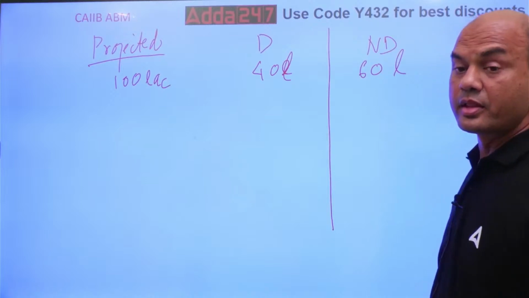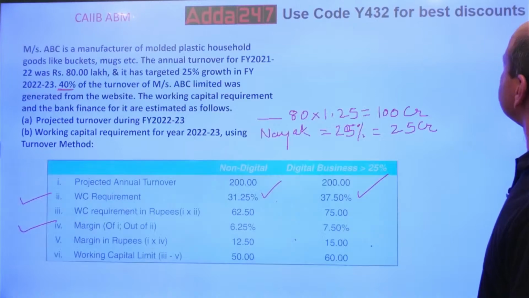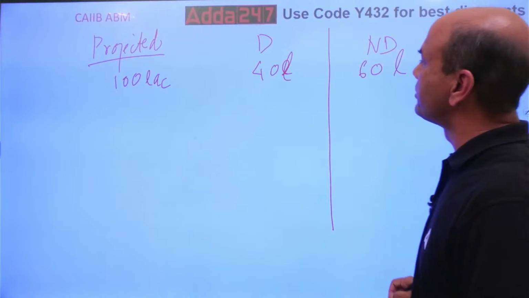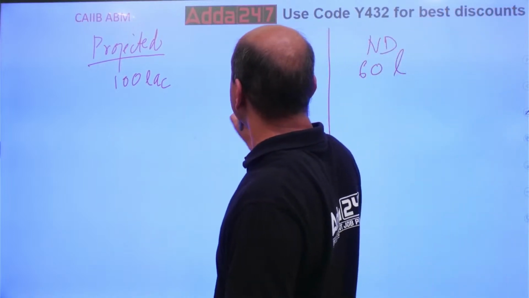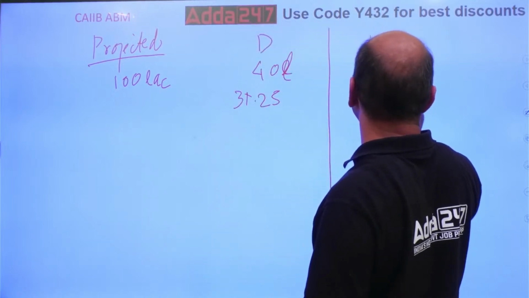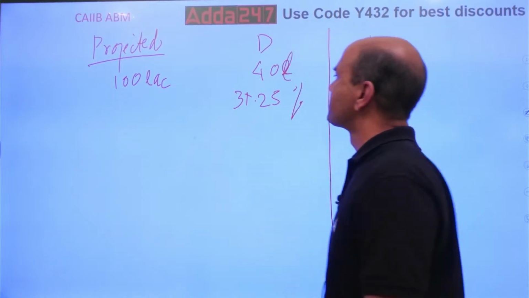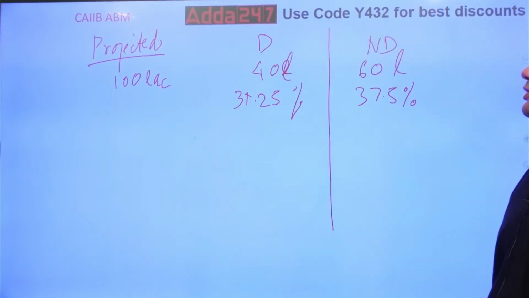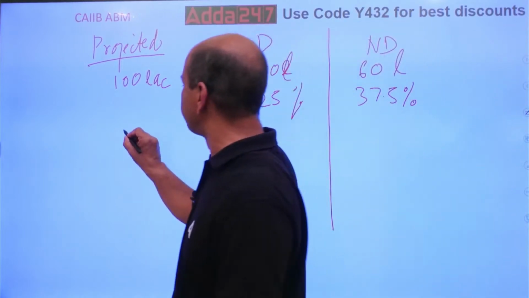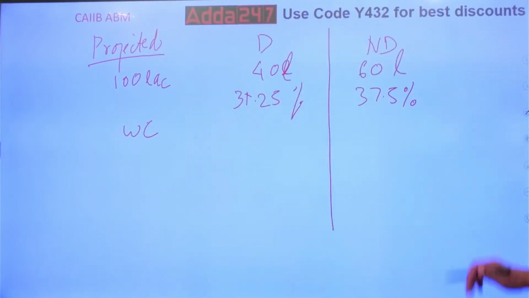Now what were those percentages? 31.25% and 37.5%. So multiply this and get the answer. What is the WC requirement?